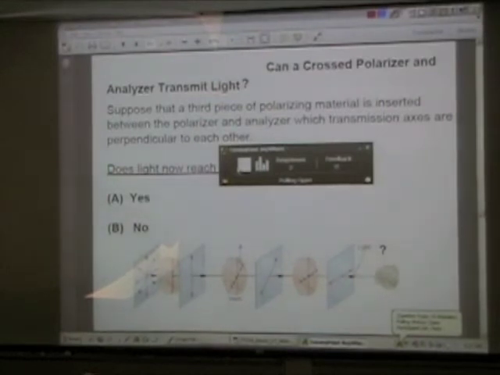It's working. If you think that when I place the third polarizer between these two there is some light traveling through the whole system, you can press 1. Otherwise, you can press 2. A and B work the same way as 1 and 2.